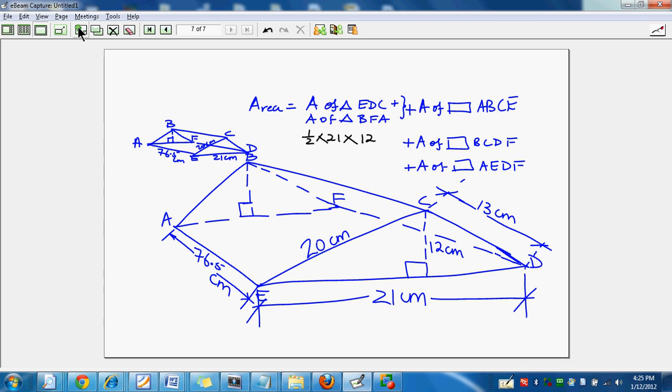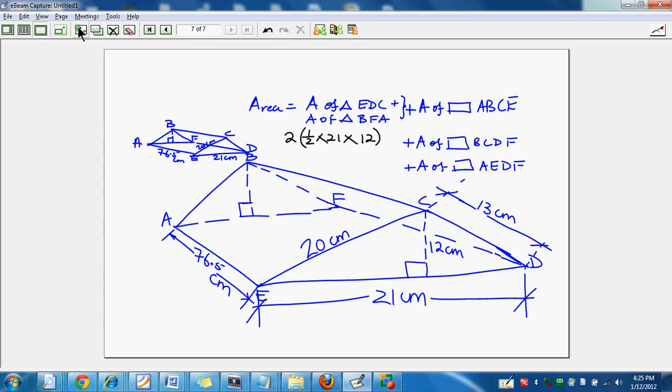And we know that there are two of those, because EDC is the same area as BFA. They are the same triangle. So we'll have to multiply that answer by 2. If we work that out, you'll see what we get.